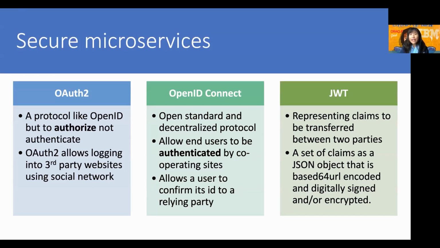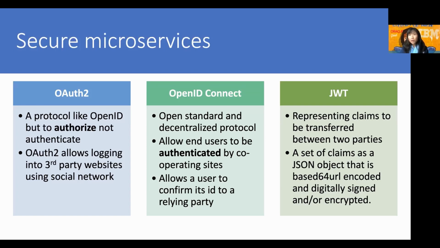So let's carry on. You might have heard of OAuth2, OpenID Connect, or JWT. They are very popular technologies for securing applications, and they are still very popular for securing microservices. So what are they then? OAuth2 is an authorization protocol. I bet most of you have used OAuth2 before, no matter whether you noticed it or not.